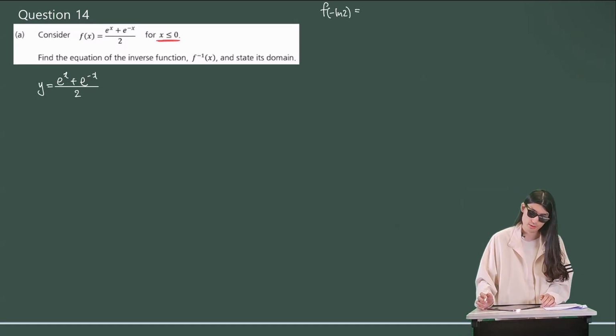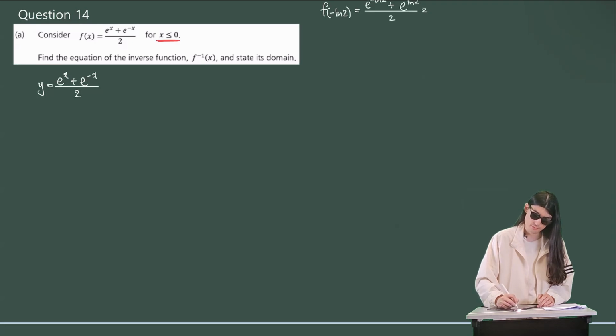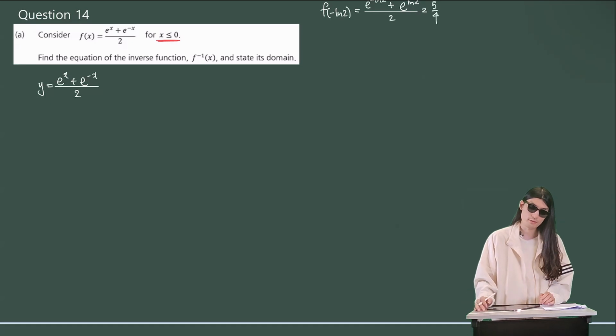Okay? And the value of f of negative ln 2 is this, which simplifies down to 5 on 4.